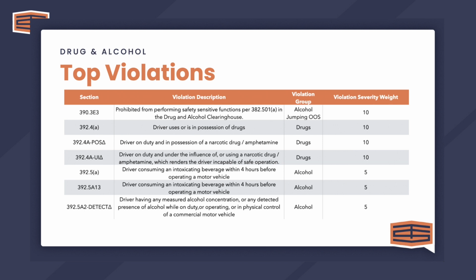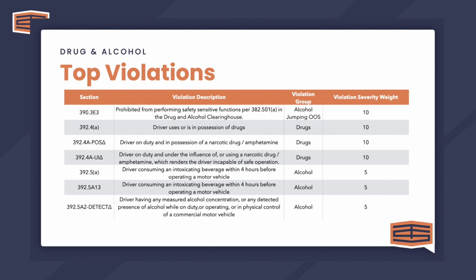Now, we'll get into the Clearinghouse more specifically a little bit later. Jared's going to talk a lot about that, but just know that if you are using a driver who happens to be in prohibited status in the Clearinghouse, that is a 10-pointer. That is going to really jack up your drug and alcohol basic in the CSA system nowadays.